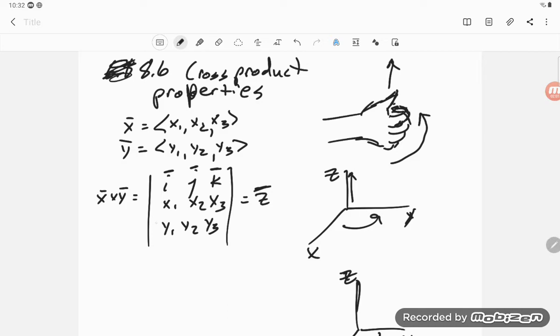And we know from determinants, right, if I swap these bottom two rows, so in other words, if I swap the order here, then we would get the negative. And so what's happening in terms of the geometry is when you think of x cross y, we call it a right-hand system.